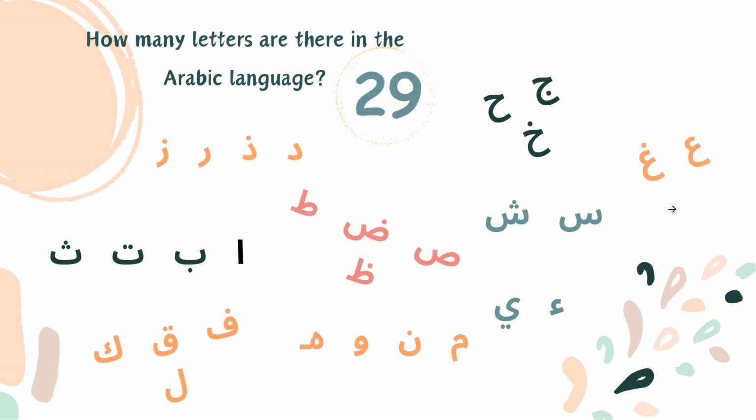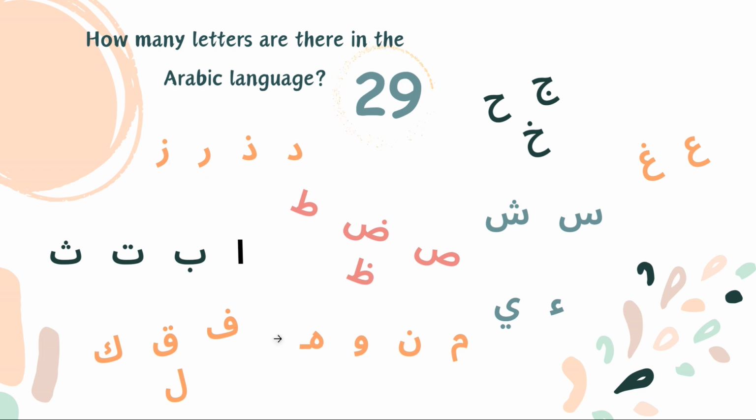How many letters are there in the Arabic language? We have 29 letters, considering the alif a letter and the hamza a letter also. So the letters in the Arabic language, as we took in the beginner's course, are alif, ba, ta, tha, and dal, dhal, ra, za, and so on.